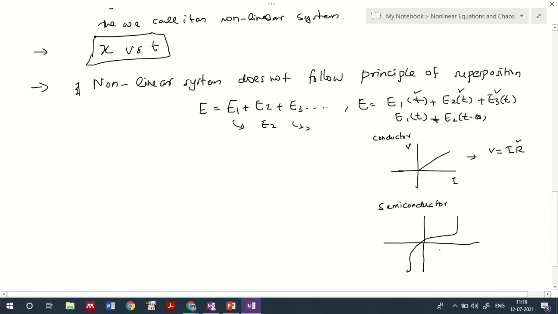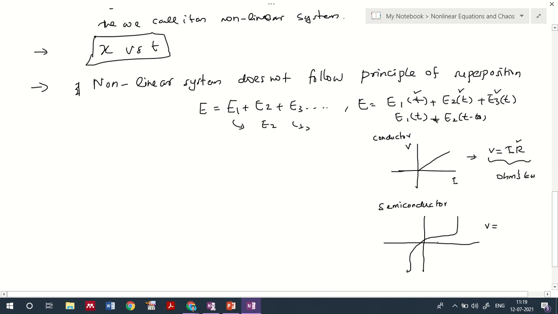The graph will be almost like this, coming through the zero origin. The dependency will be almost like this. Here we cannot say this is Ohm's law. Ohm's law is the linear dependency of voltage on current.